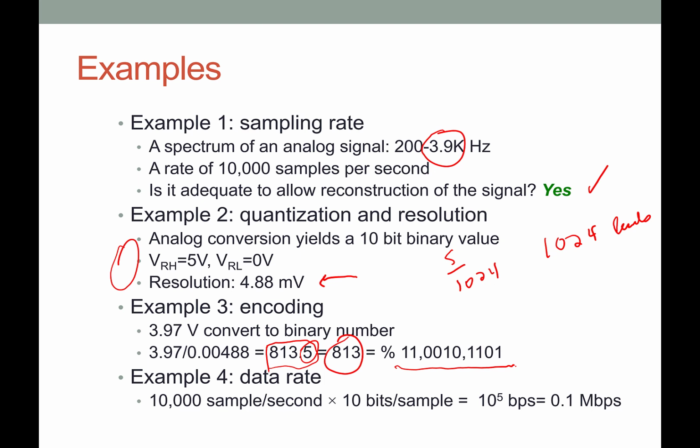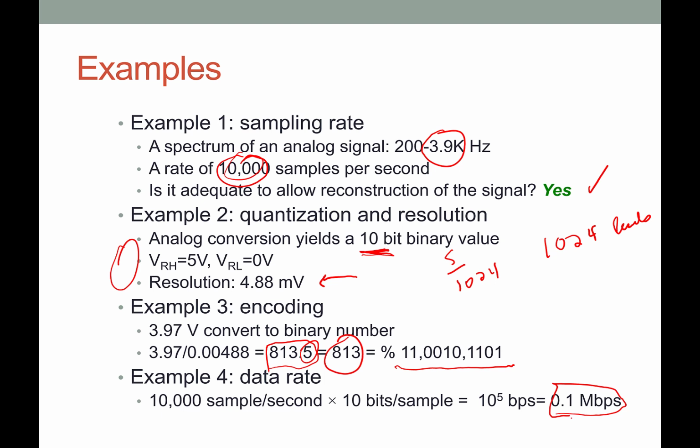Now the last thing that it shows here is, what would our data rate be if this was our whole process? If we used 10,000 samples per second, this quantization of a 10-bit number, and these voltage levels for VRL and VRH, then we would have 10,000 samples per second, because that's how many times we're sampling, and we're going to have 10 bits per sample. That would give us a data rate of 0.1 megabits per second.